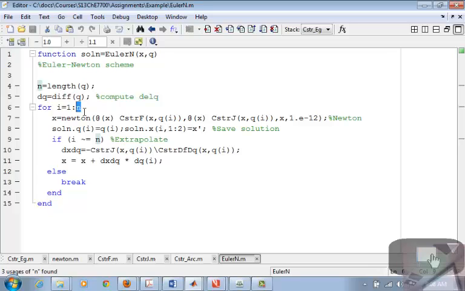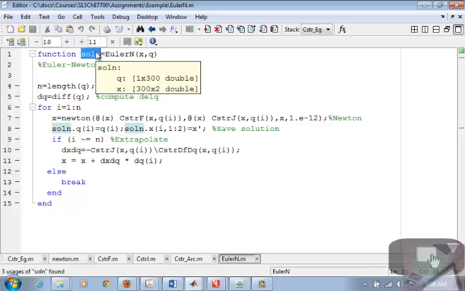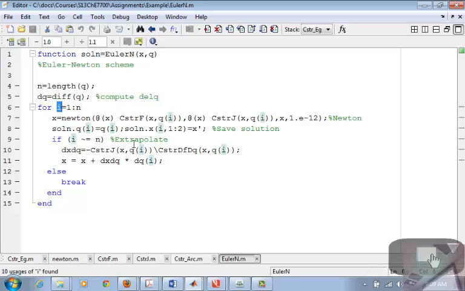And then line 7 is straightforward. We already know. What does it do? It makes a call to Newton method, gets a solution. This is where I'm introducing the structure. Okay. Once the solution comes in x, x is just a local variable. It's going to be forgotten. Okay. So I'm saying what I'm going to return is a structure called SOLN, and I put SOLN.Q(I). I is the parameter number. Okay. So I store actually what the value of Q(I) is.